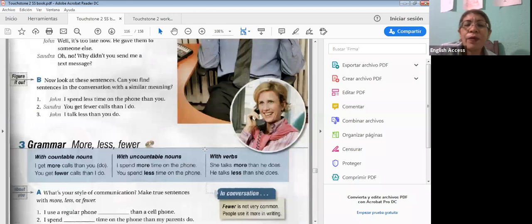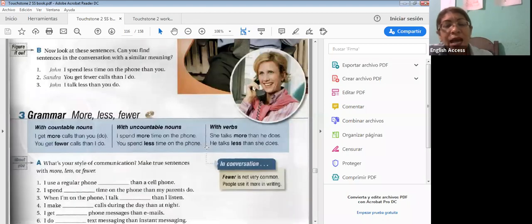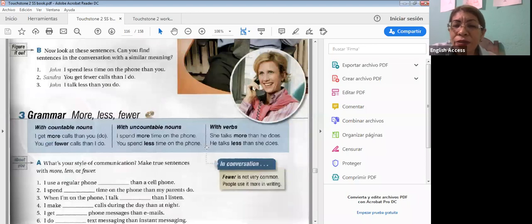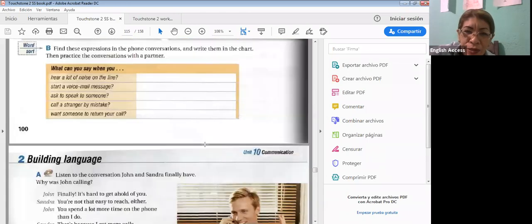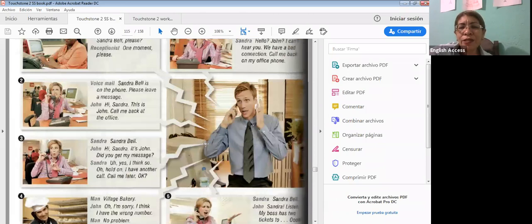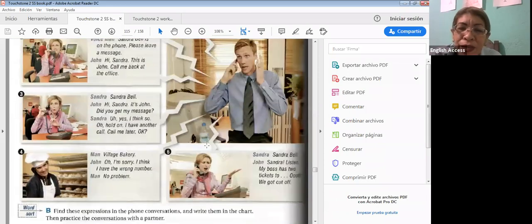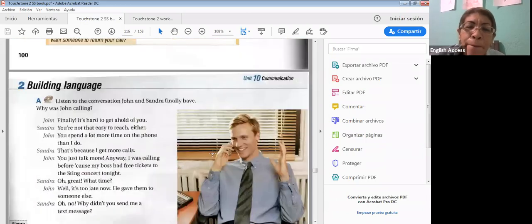And remember, we're going to use more and less with verbs, when we are comparing activities and when we are using uncountable nouns. We're going to use more, fewer with countable nouns. And we also read a conversation in which John had some problems trying to get through to Sandra, okay? So this was lesson B.